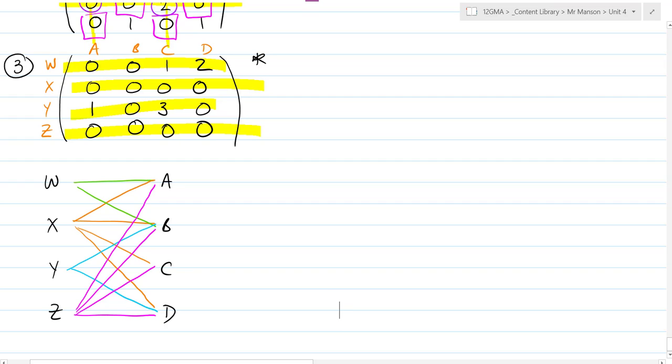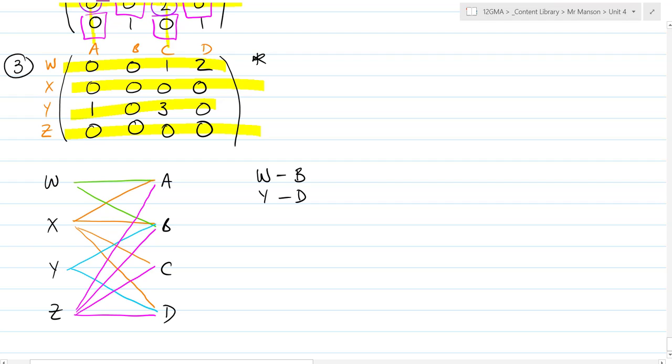But the first obvious one is to consider, well, W's only got 2 choices, so let's start by just picking one. If I pick B, I can see that forces Y to match with D, because Y can only be B or D. So that's why the colours have been really good.